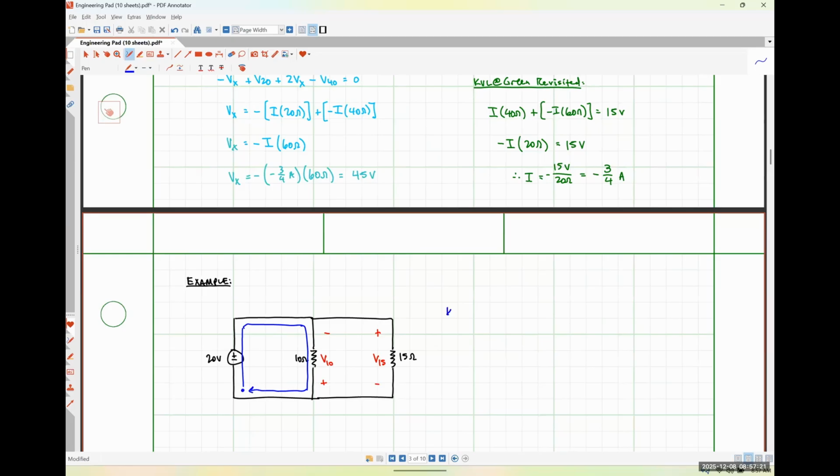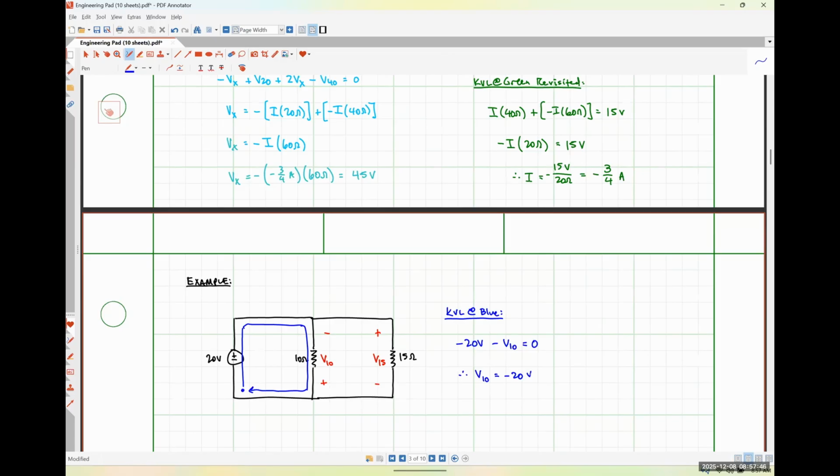If I do KVL around this blue path, I'm going to have negative 20 volts minus V10 is equal to 0, which means that V10 is equal to negative 20 volts.